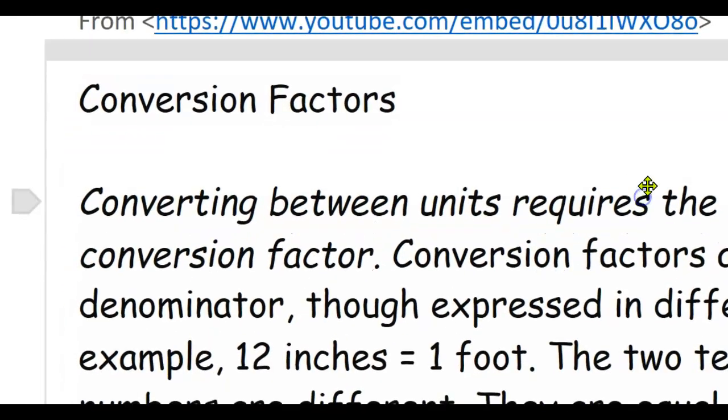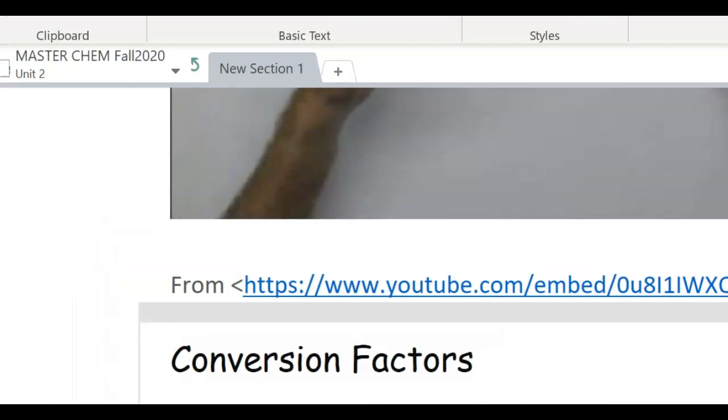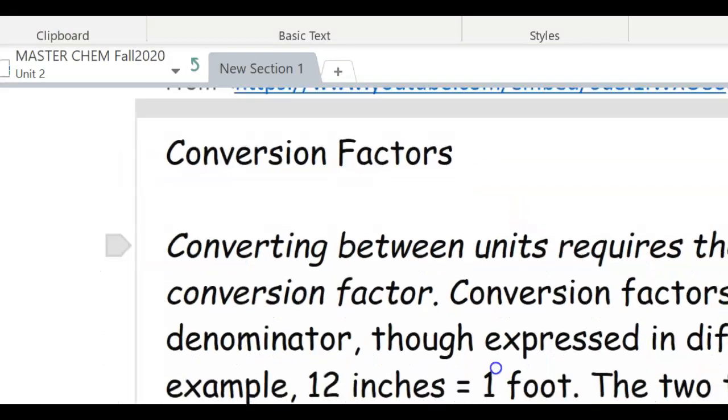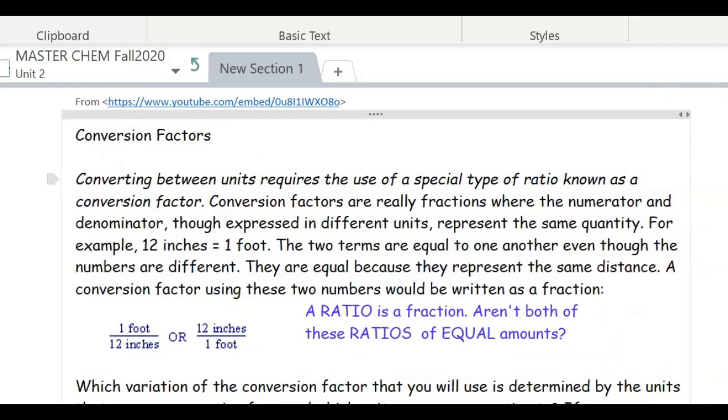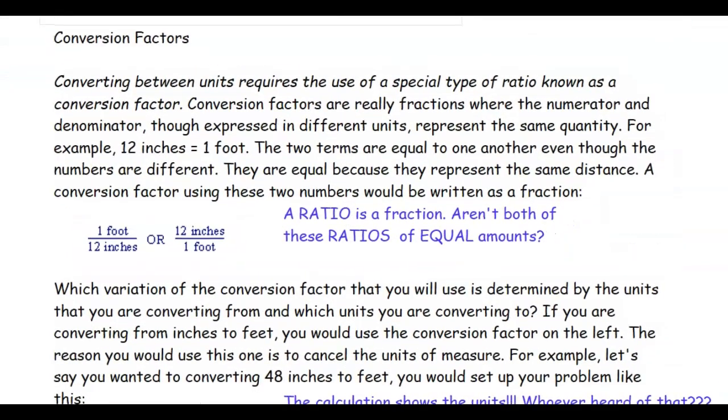All right, so what I was just showing you were the conversion factors. Let me just make this smaller now to fit in our box. Conversion factors between units require the use of a special type of ratio. So a conversion factor is a ratio; they're really fractions where the numerator and the denominator, even though they're expressed in different units, have the same quantity.